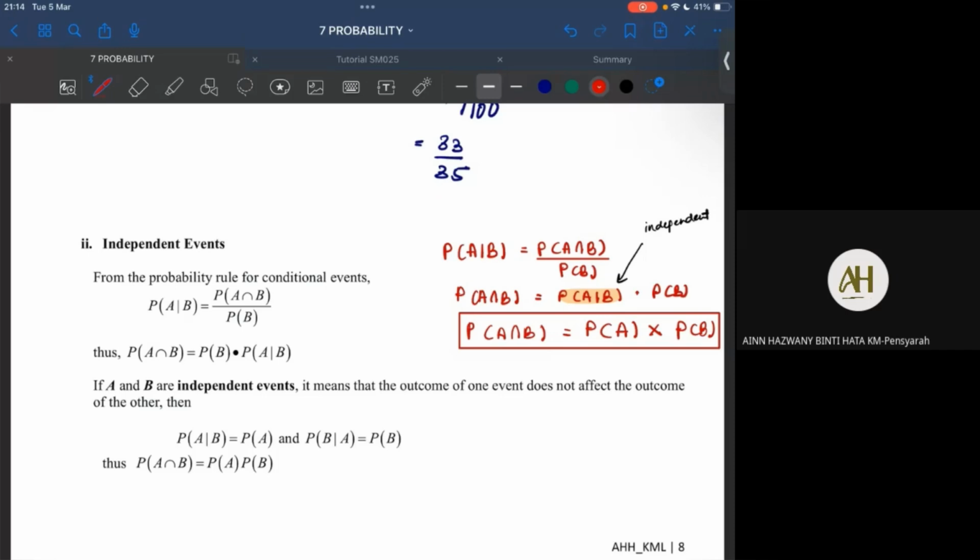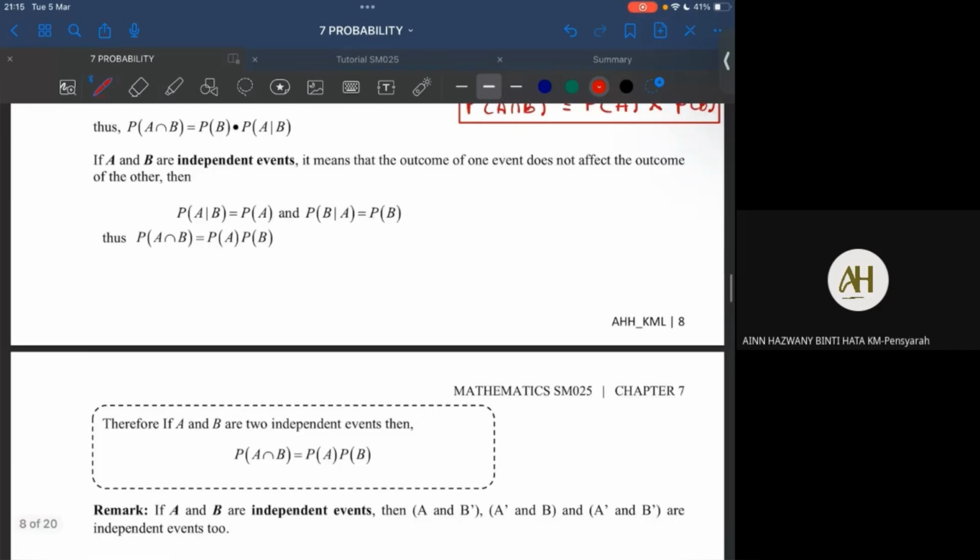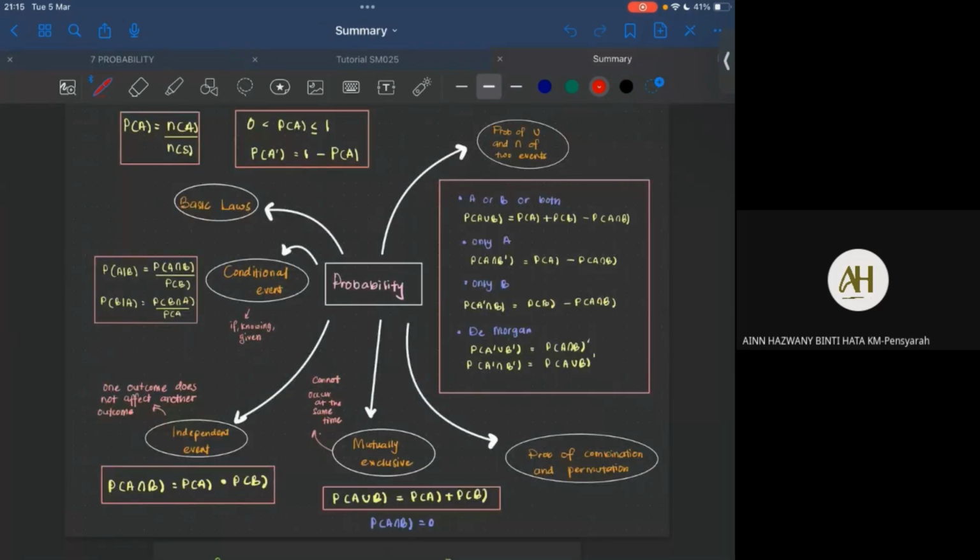Okay, so ini formula untuk independent event. Okay. Apakah formula dia? Make sure tahu formula dia. Esok kita akan try buat soalan ni dalam kelas. Okay. So ada 3 formula yang kita belajar hari ini. Nombor 1 ialah mutually exclusive A union B, P A plus P B. Independent event P A intersect B, P A darab dengan P B, and then we have conditional event dekat situ.